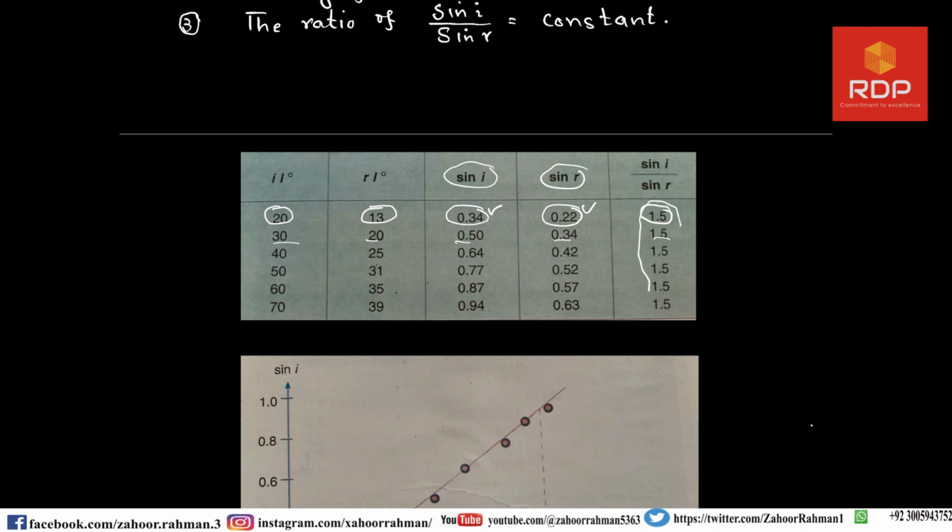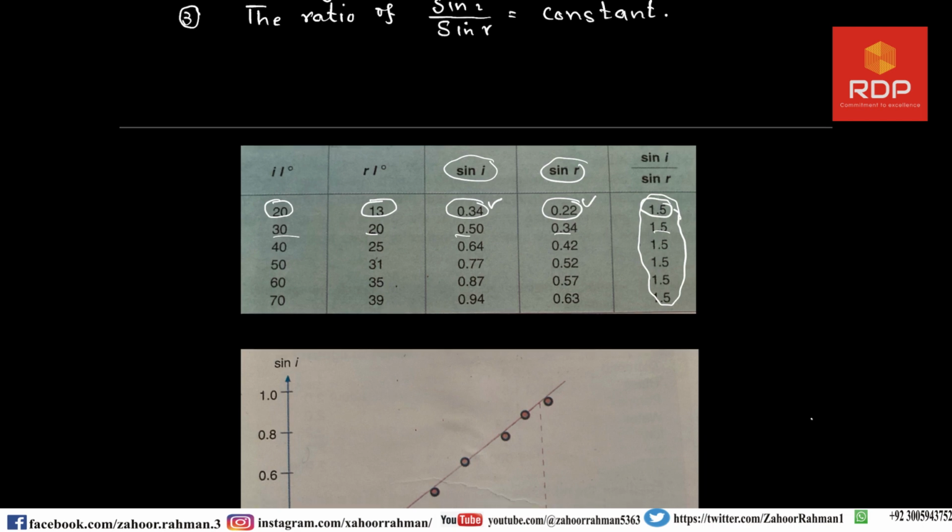So these are the values which we get from the ratio of sine I and sine R, and you can see that these values are the same. In other words, we can say that all these values are constant: 1.5, 1.5 and 1.5.